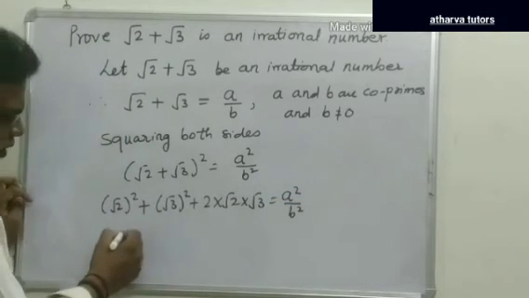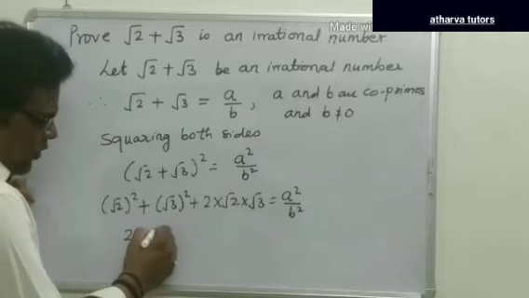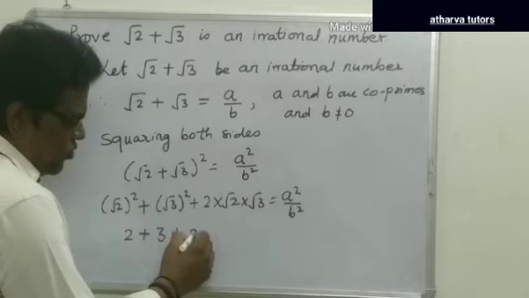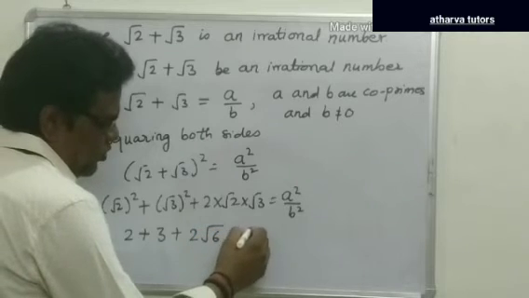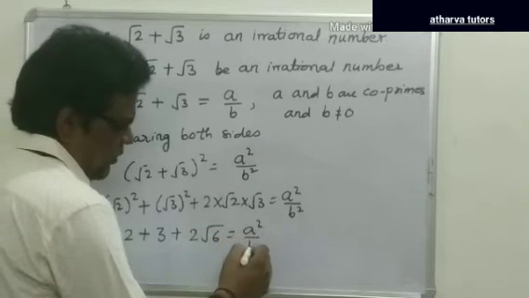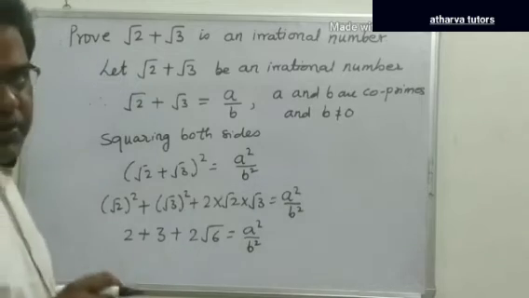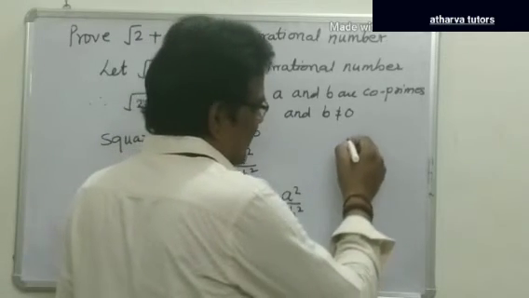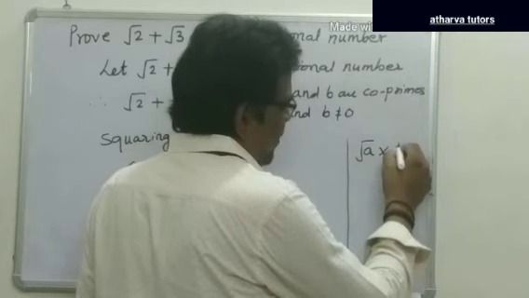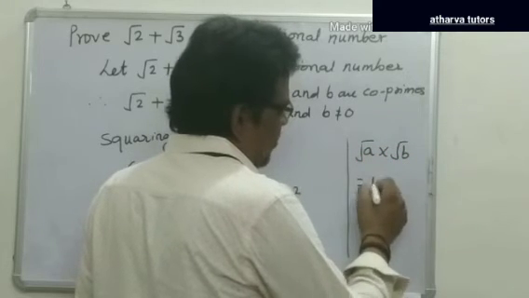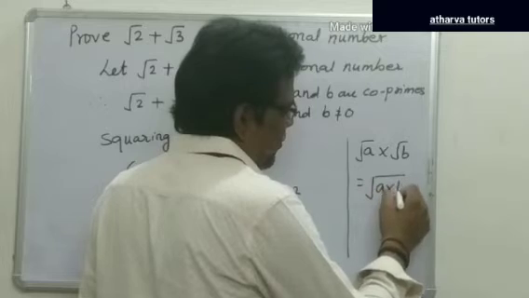Now root 2 square will be 2, root 3 square will be 3, plus this 2 root 2 into root 3 you can write as 2 root 6 equals a square upon b square, because you have studied in class 9 in indices that root a into root b can be written as root of a into b.